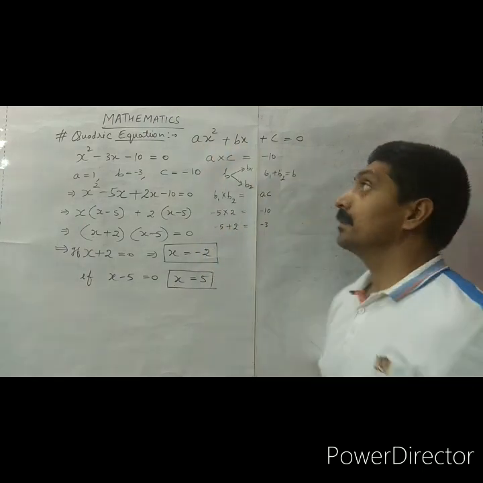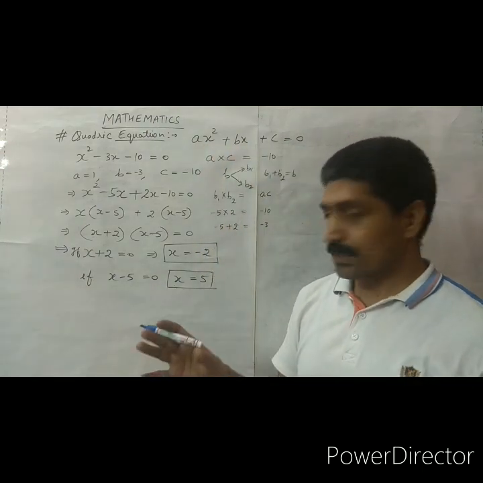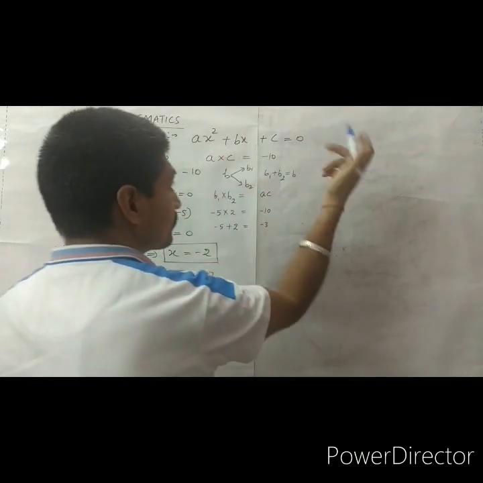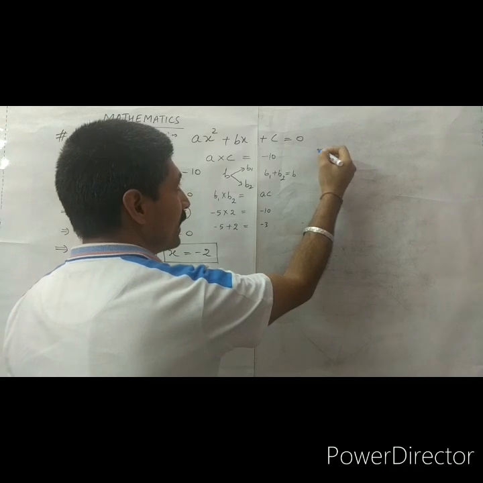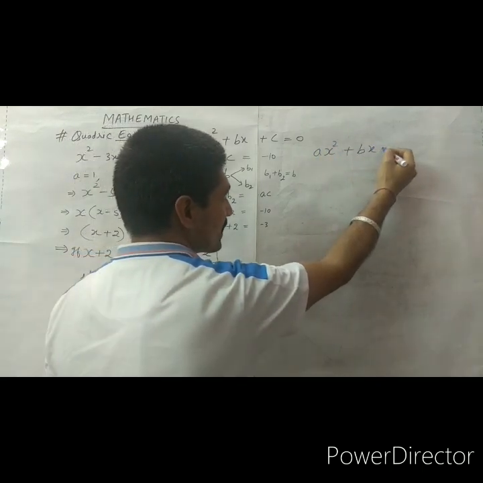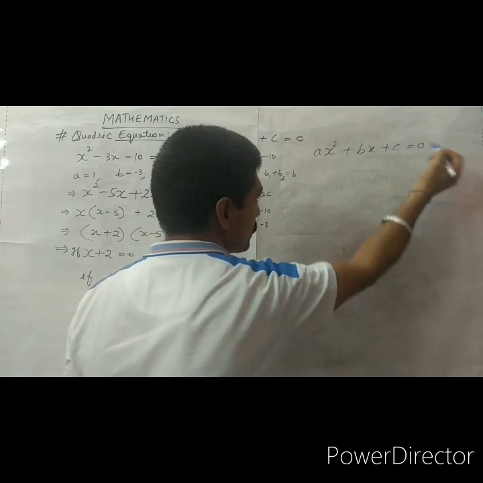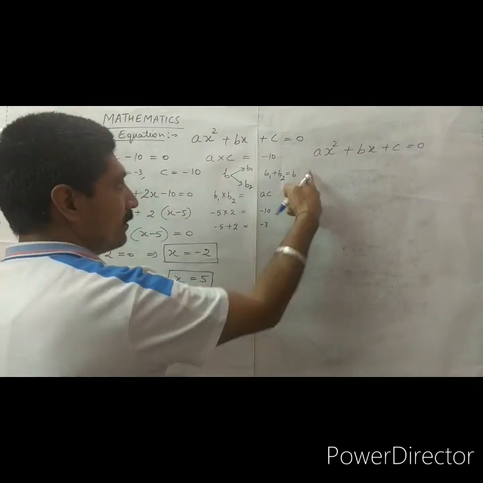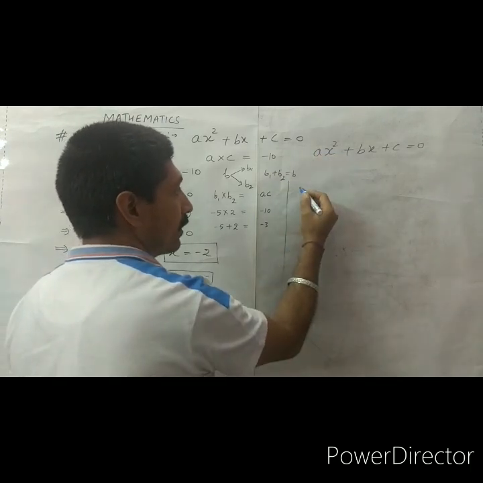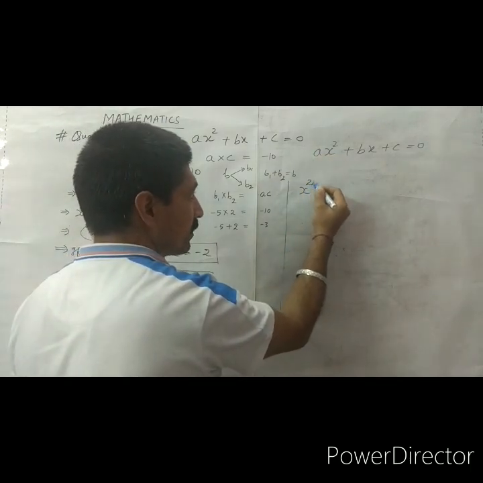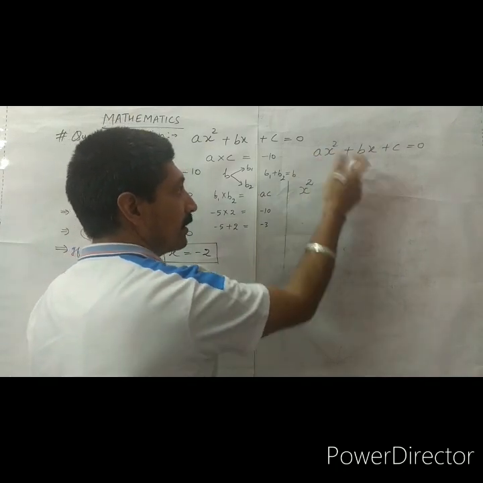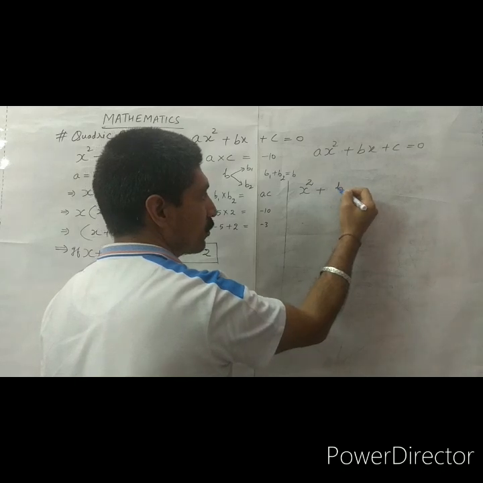Now, the completing square method. In the completing square method, in the general form ax square plus bx plus c is equal to 0, we can move ahead by dividing the whole equation by the coefficient of x square.